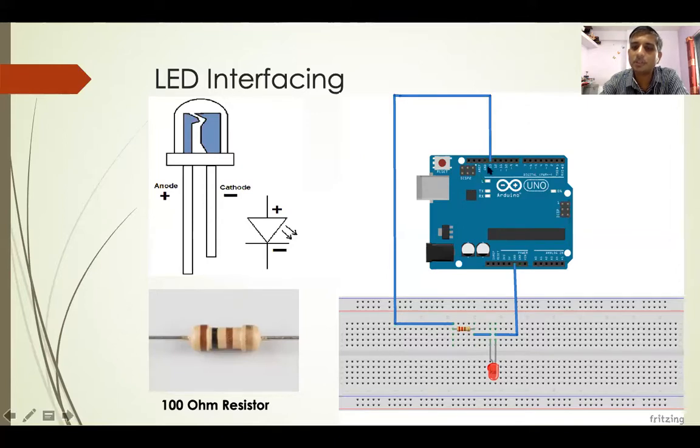The anode terminal of your LED is connected to pin number 13, and through the resistor the cathode terminal is connected to the ground.